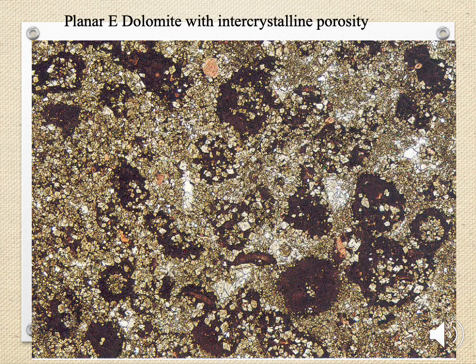So we have dolomite crystals here. They're very fine grained. If you were to put it on high magnification, you would see that they're polymodal and they're all euhedral. But we have these black spaces in between, and some of them are actually porosity. And so there's intercrystalline porosity in here.